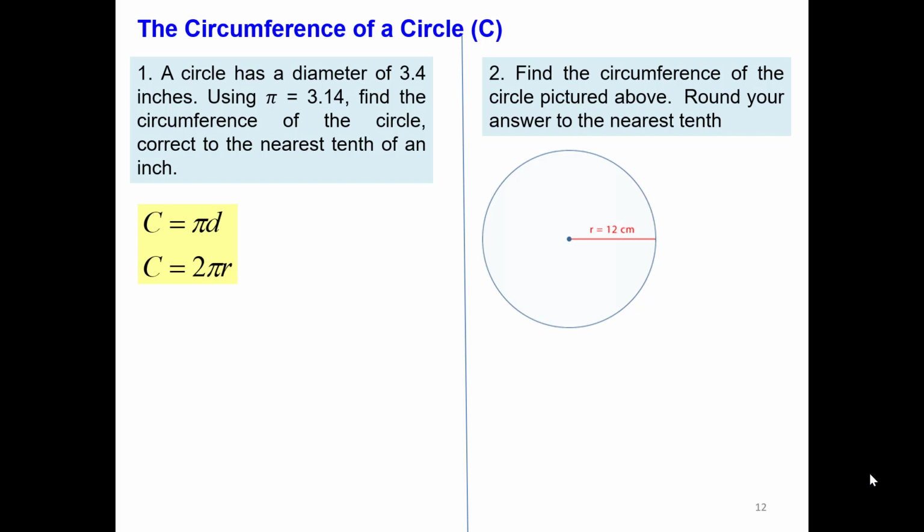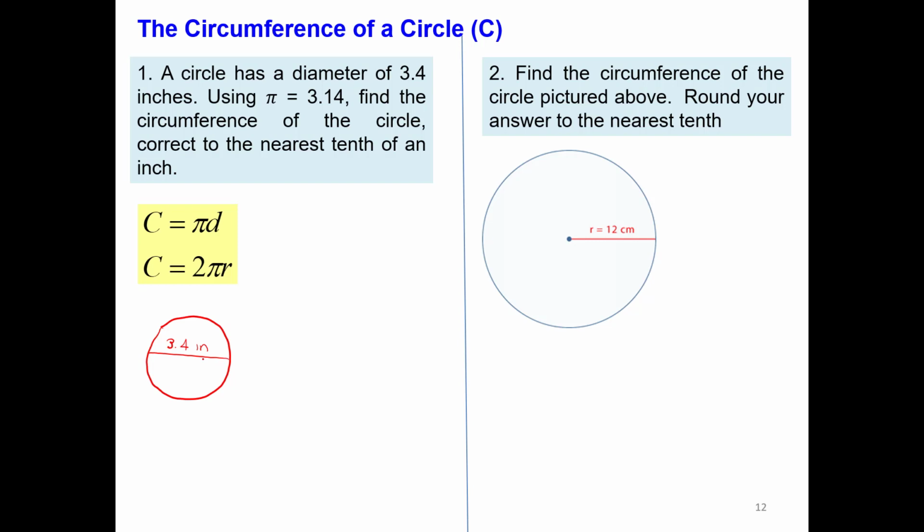In these problems, we want to calculate the circumference of a circle applying these two equations. And let's solve the first problem. In this case, we had a circle that has a diameter of 3.4 inches. Let me write it. Circle has the diameter of 3.4 inches.